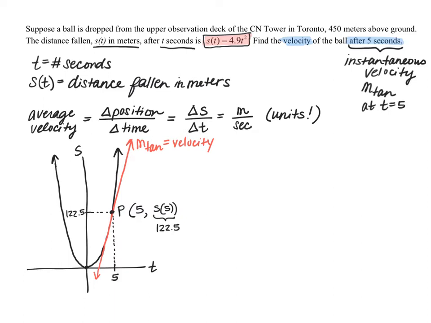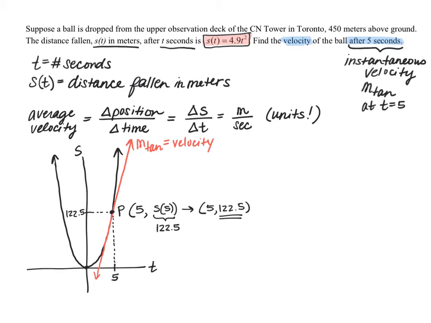That is not how fast the ball is traveling. That's not the velocity, because that's not the slope. That's simply the output. Now let me mention, in this case, it's okay to leave your coordinate as 5, 122.5, because this value, 122.5, is exactly this number.